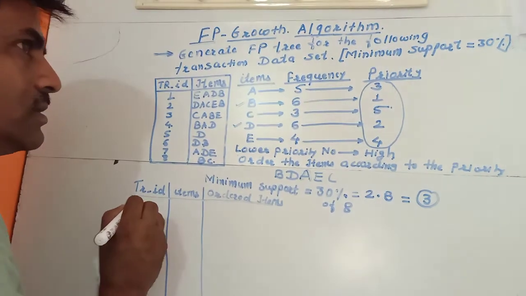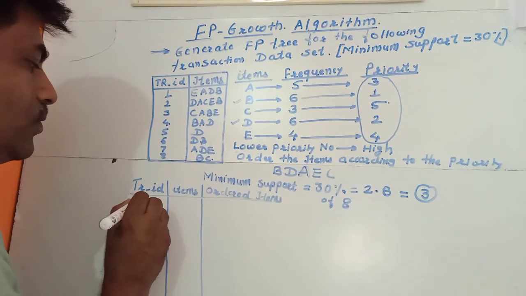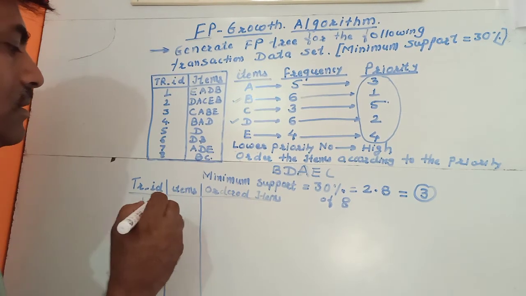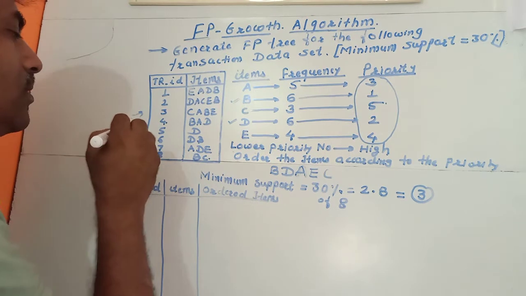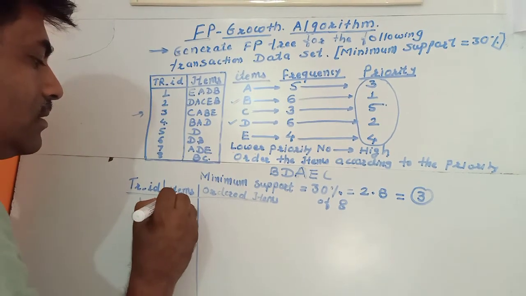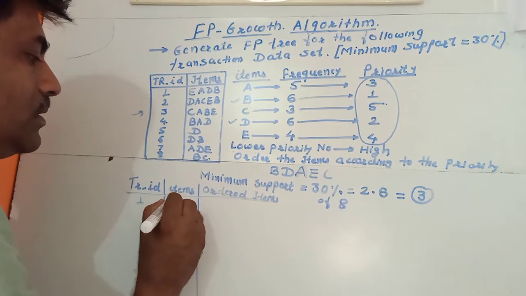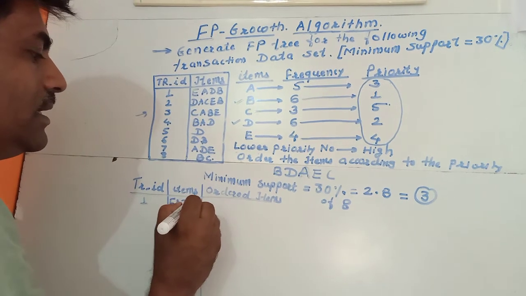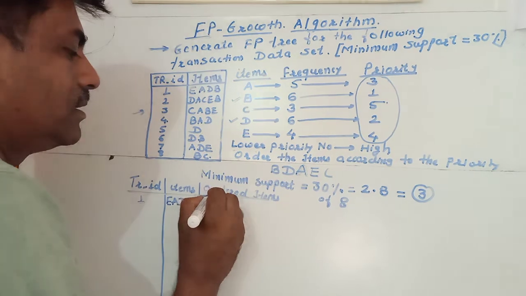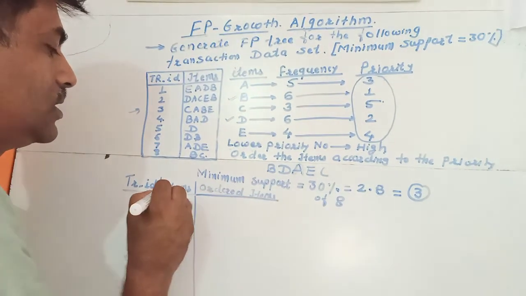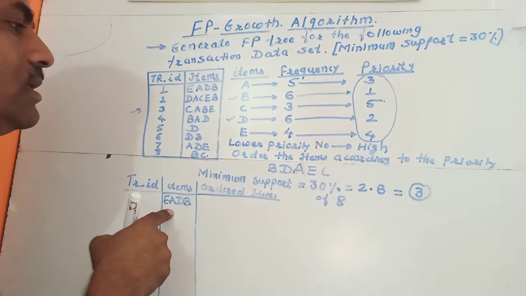So the first transaction ID is 1, and if we look at the previous data set, the actual items present in the data set are E, A, D, B, right?